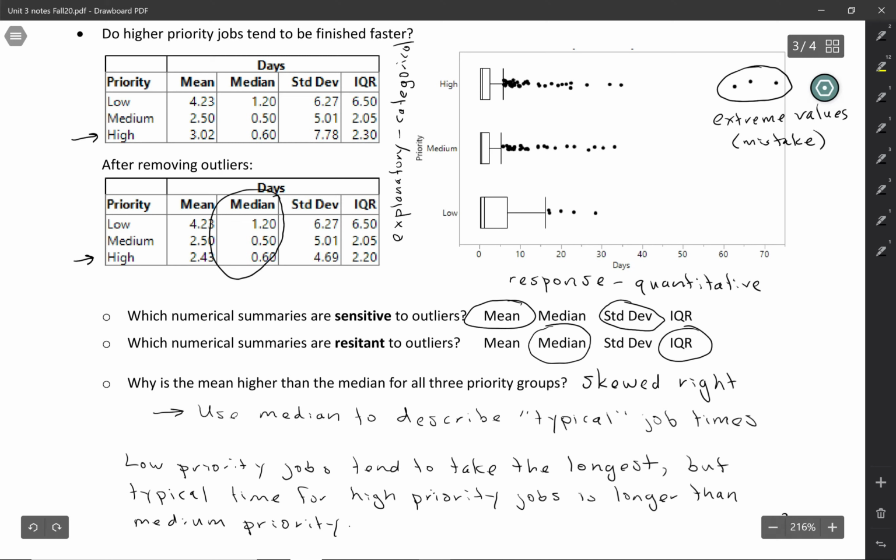It could be that there's a problem with the priorities, that people are doing jobs that are actually lower priority first, which would be a problem with the workflow. It could also be a problem with how people are categorizing the priority levels. We said that over half of the jobs were being categorized as high priority. Maybe that's not really appropriate, and maybe that's where this problem in the data comes from.